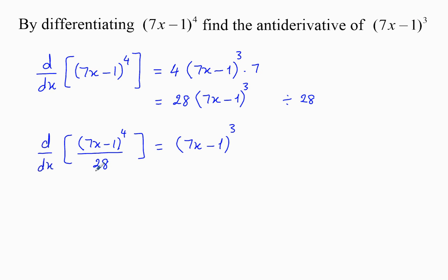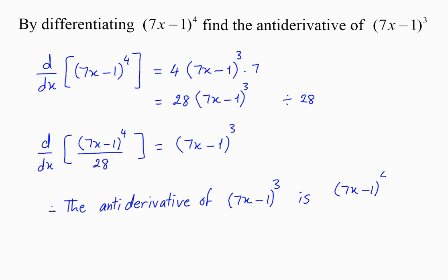So if the derivative of this function leads me to 7x minus 1 all to the power of 3, I can say now that the antiderivative of 7x minus 1 all to the power of 3 is 7x minus 1 all to the power of 4 divided by 28.